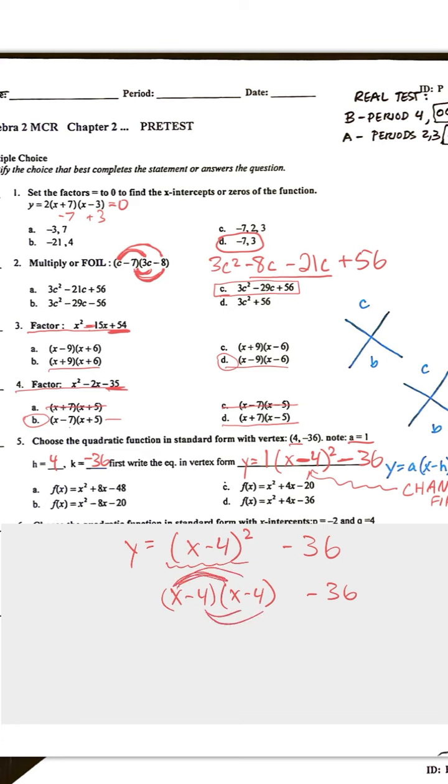First one, x squared. Second one, negative 4x. Third one, negative 4x. Fourth one, positive 16. Don't forget this negative 36 hanging out. Add like terms, these guys.